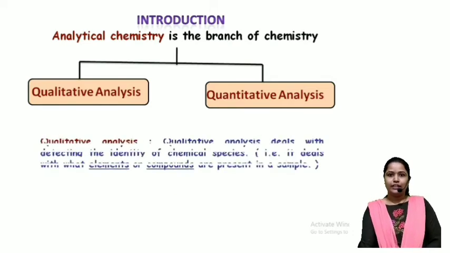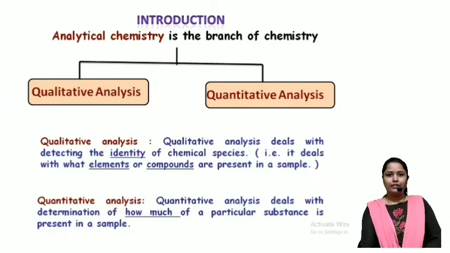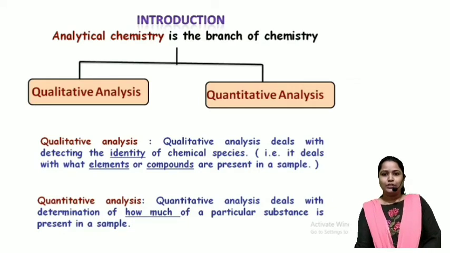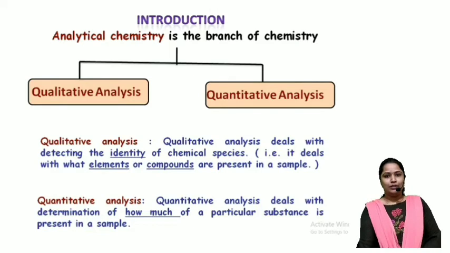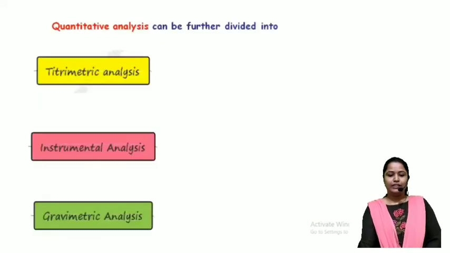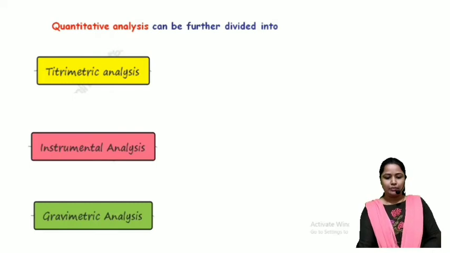In qualitative analysis, we can determine the identity of the elements which are present in the given sample, and in quantitative analysis, we are able to determine the amount of the elements which are present in the given sample. Quantitative analysis can be further divided into three types: titrimetric analysis, instrumental analysis and gravimetric analysis.